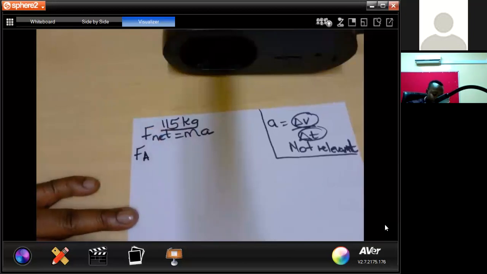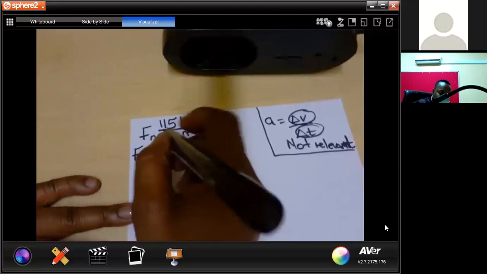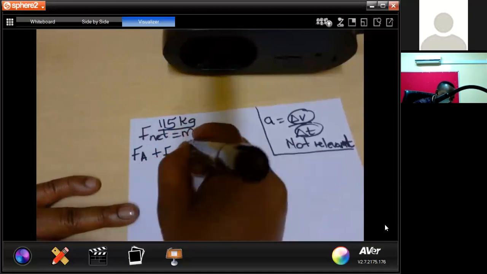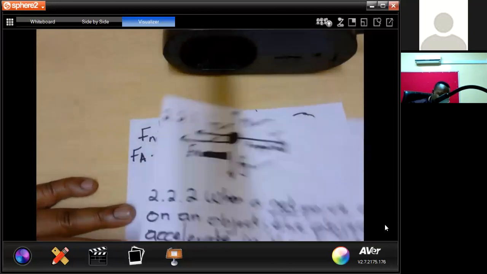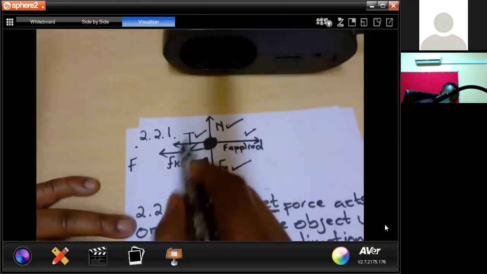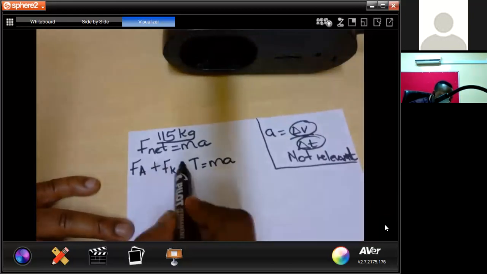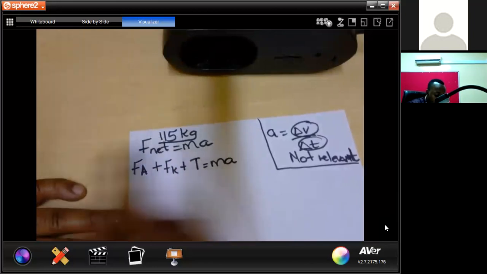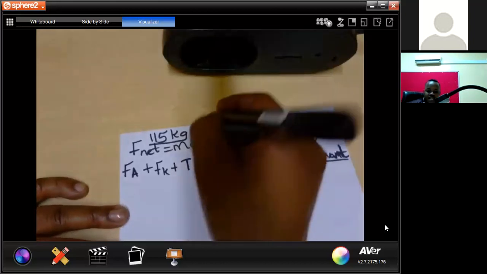Remember, a short symbol for F applied is F capital letter A, plus the kinetic friction plus the tension is equal to MA. Right? It's these three forces that we are talking about. Now, I add them because the net force wants you to do that vector sum of all the forces acting on an object.